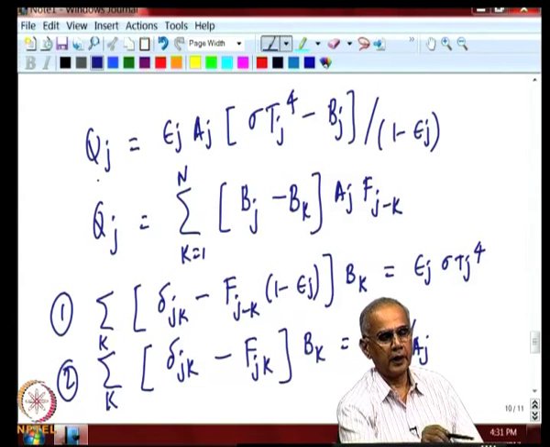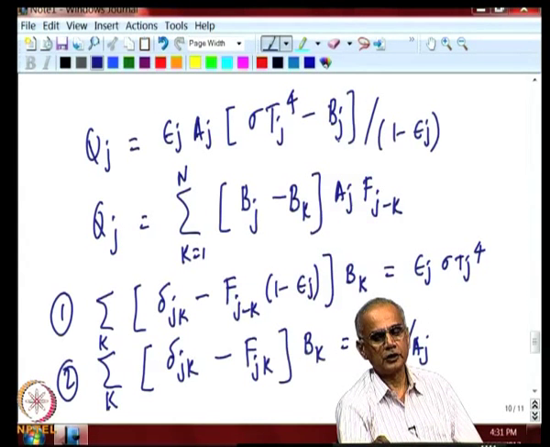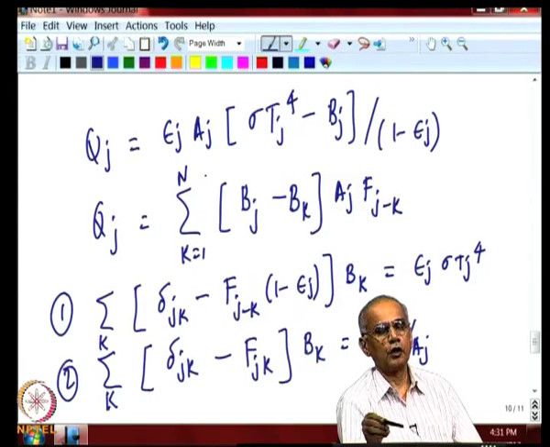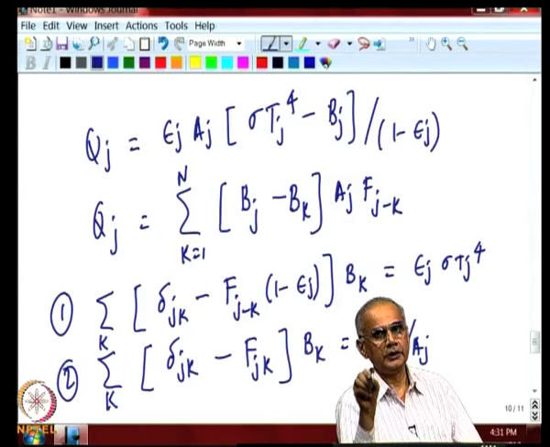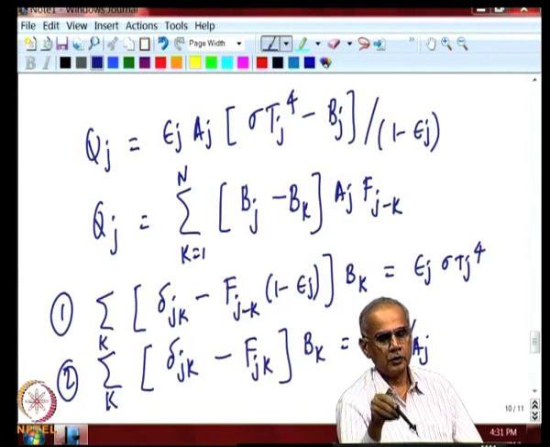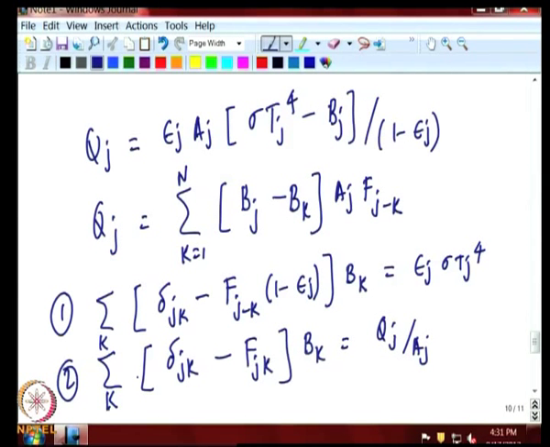Where flux is specified and radiosity is estimated from inversion, you get the temperatures. So, this equation is used to solve for either Tj or Qj given the Bj from the matrix inversion. These are the matrix elements in these equations, and this can be completely automated. There is standard software available which will solve for this, and the advantage, as all of you can realize, is that today computers can invert matrices very quickly.